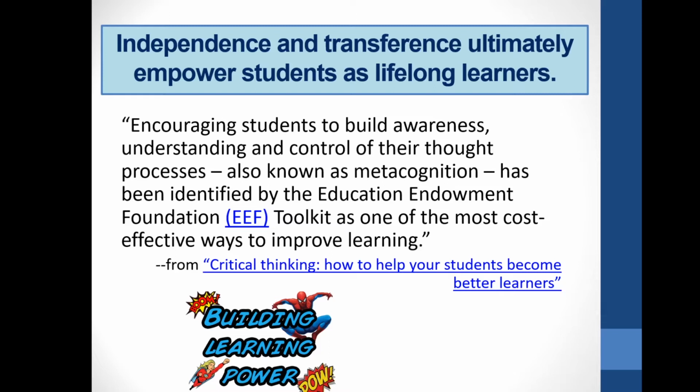That's the intent of the practice itself. So when we're talking about this independence and transferring, it's all subject areas again. And we want to try lots of different strategies so that kids have a repertoire of strategies.